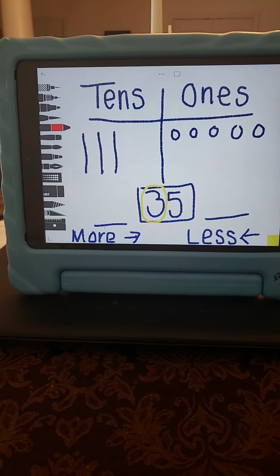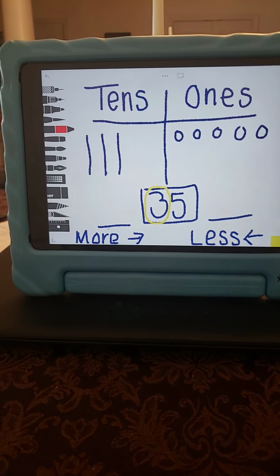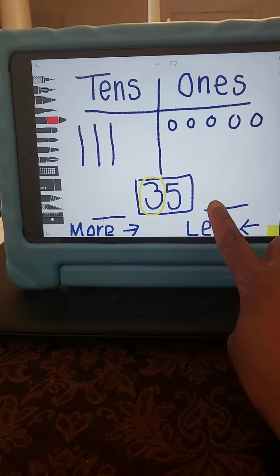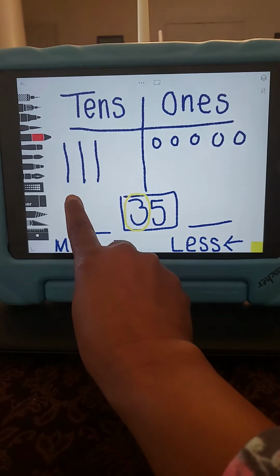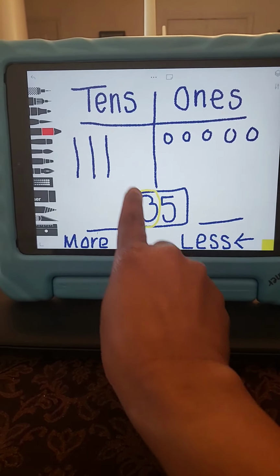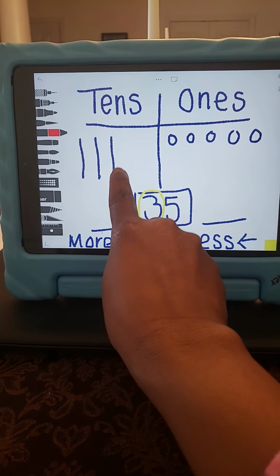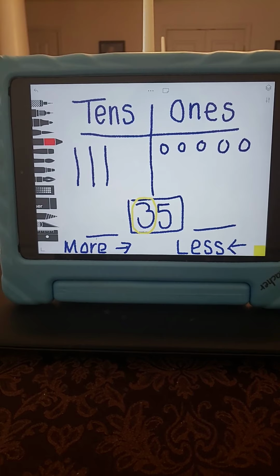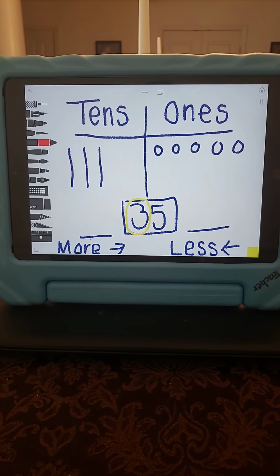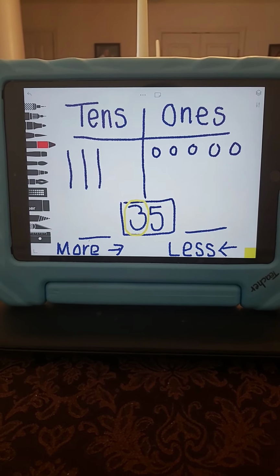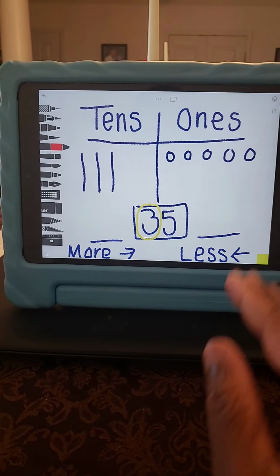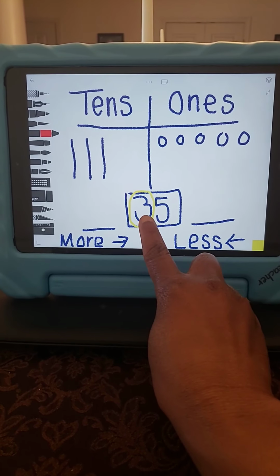So let's think about this. We want to do 10 more. We know that this is a 10. 35 has 3 10s. 1, 2, 3. If I want to see what is 10 more than 35, I'm going to look at my 3.